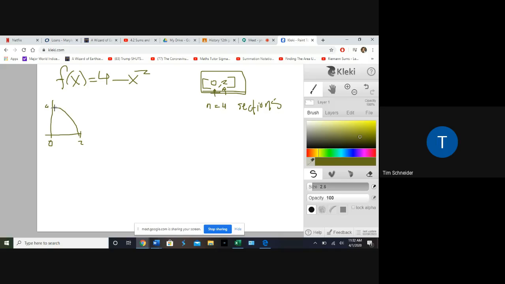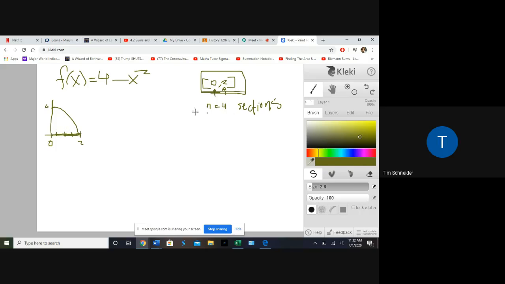What we are actually going to do is break this section from 0 to 2 up into 4 equal sections. And we're going to build rectangles to estimate the area under this curve, between this curve and the x-axis, in other words.